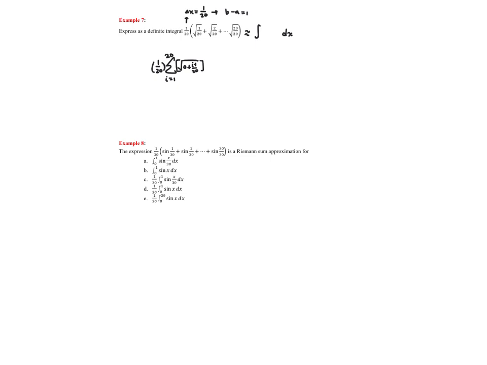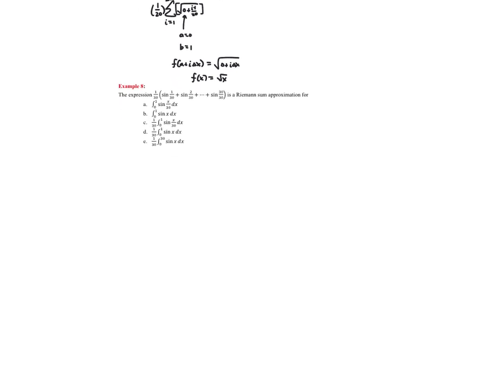But you can see that a in this case is 0. I know b minus a is 1, so b is equal to 1. And f of a plus I delta x would be equal to the square root of 0 plus I delta x. Therefore, f of x is equal to the square root of x. So this is approximately equal to the integral from 0 to 1 of the square root of x. Kind of cool.